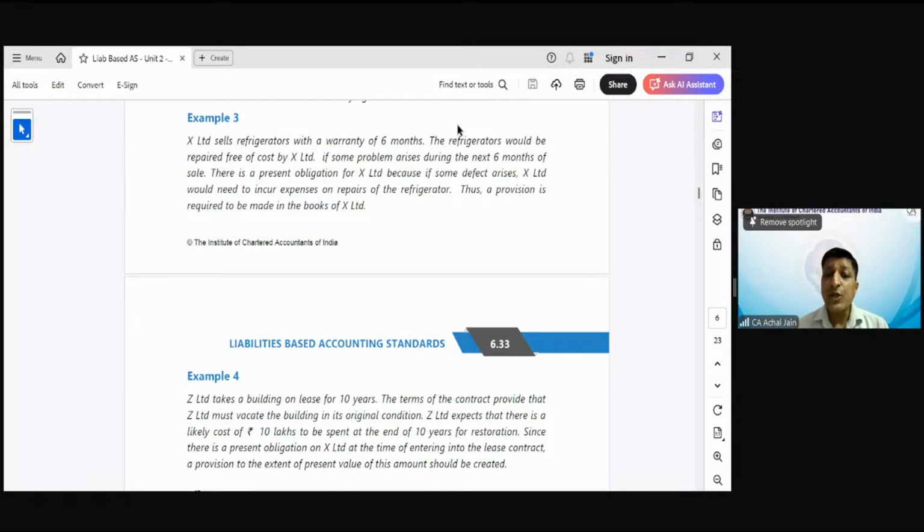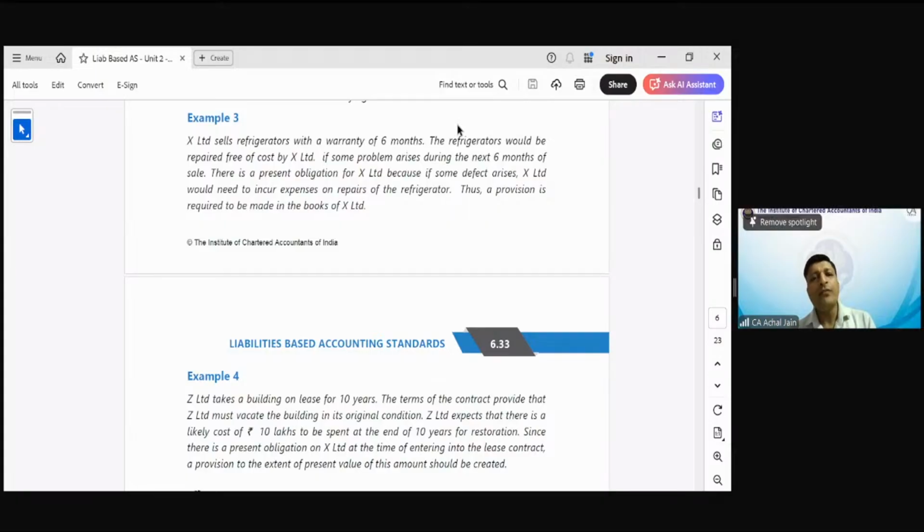So in this case, do we have a present obligation? Yes. And when is this obligation arising? The moment Z Limited enters into the contract. Yes or no? Everyone clear?